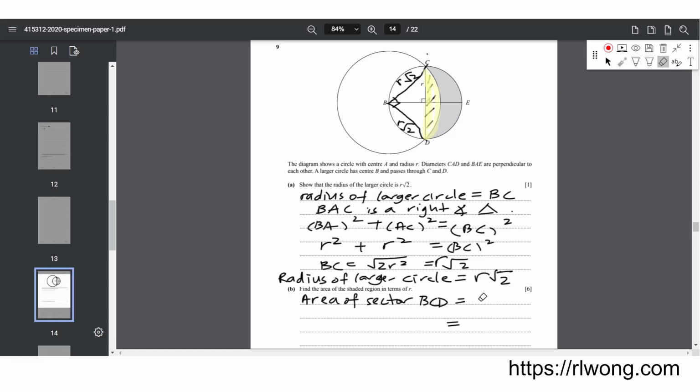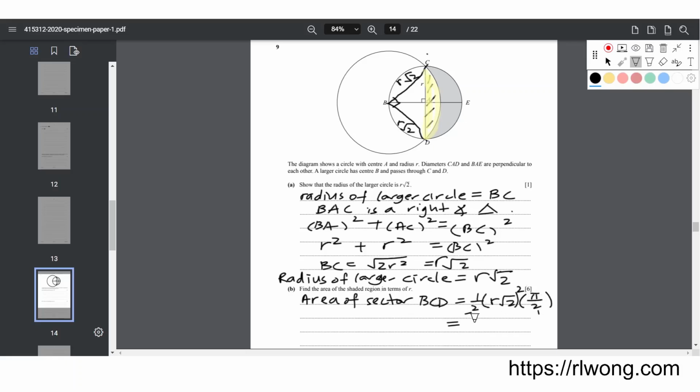Because this sector belongs to the larger circle, the radius is r root 2, and this theta here is 90 degrees, which is equal to pi over 2.